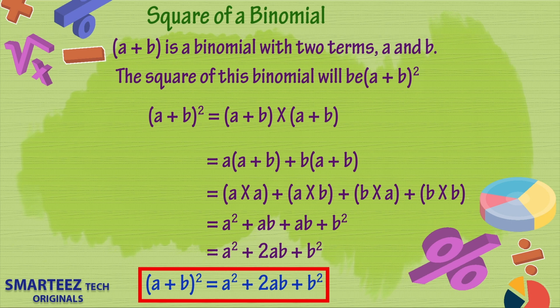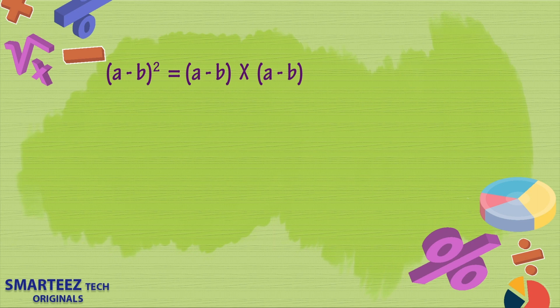We can use our conventional method of finding the solution here too and deduce the formula. (a minus b) the whole square equals (a minus b) times (a minus b). Now we can multiply each term of the first binomial, which is a minus b, with the second binomial, which is also a minus b. So this equals a times (a minus b) minus b times (a minus b).